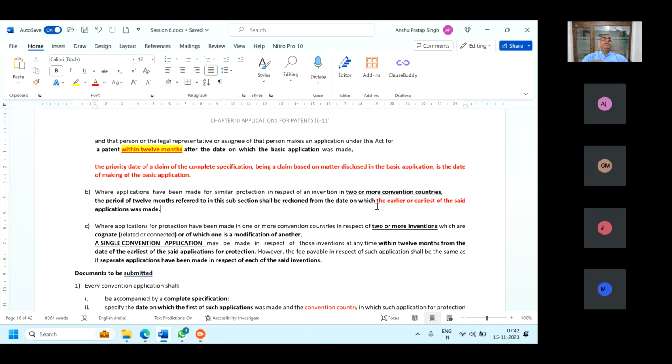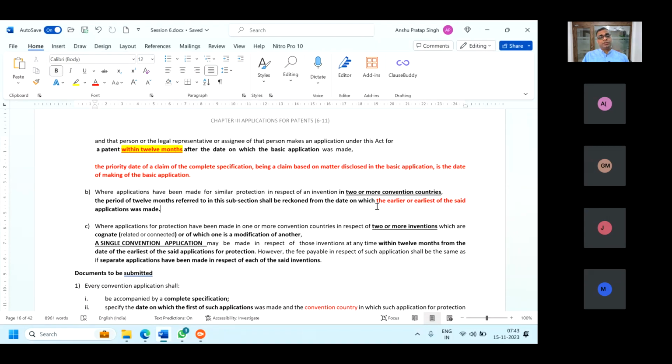Okay. Please remember, on the basis of these things, questions will come. MCQ also comes. Even the descriptive can also come. So now, on a case basis, this kind of question comes. This convention and international application part mainly deals with the priority date and filing date. This is confusing for people, and hence you can expect questions from here.